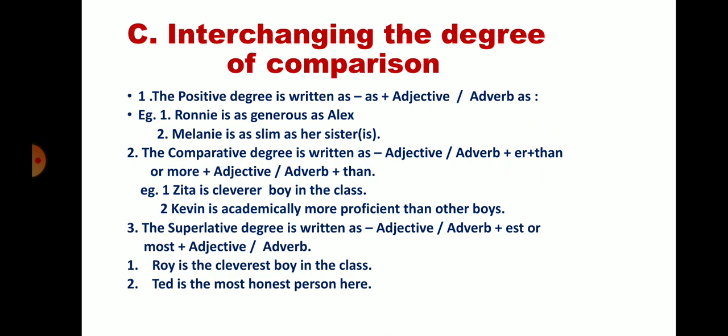Coming to the next. Interchanging the degrees of comparison: here sometimes your words change. The positive degree is written as as plus adjective or adverb plus as. When you are changing from comparative or superlative to positive, you have to use as before the adjective or adverb.